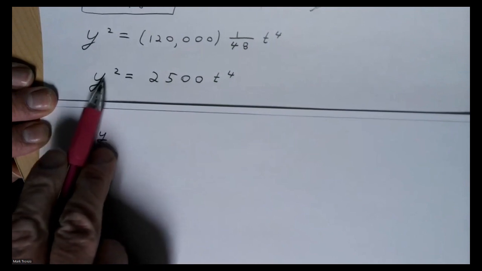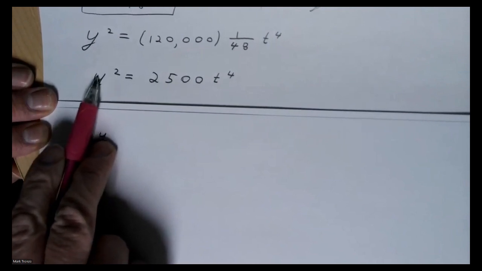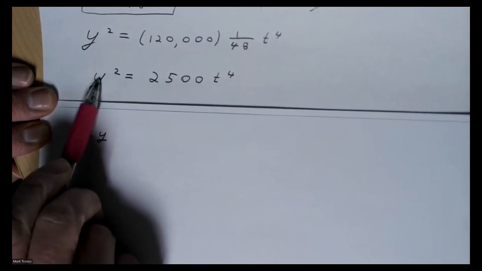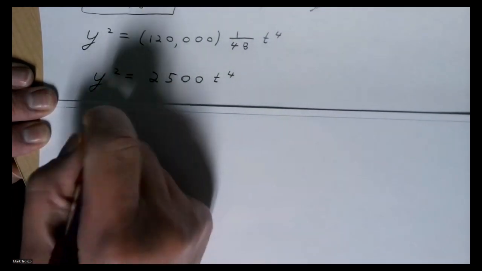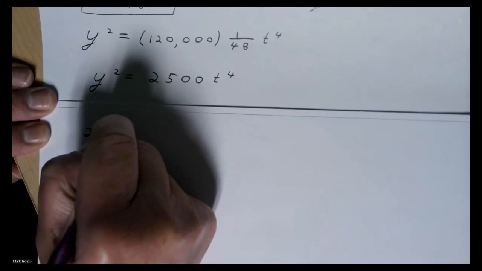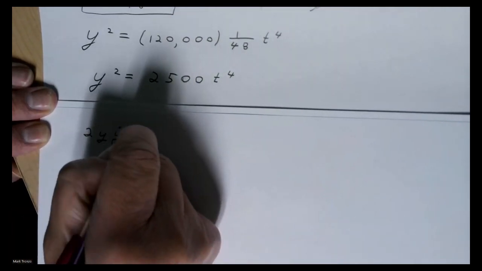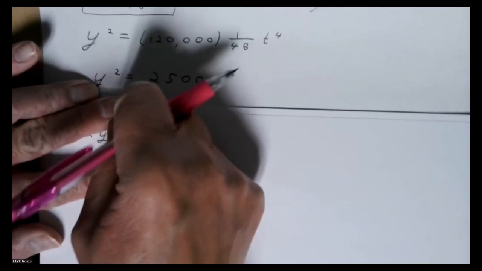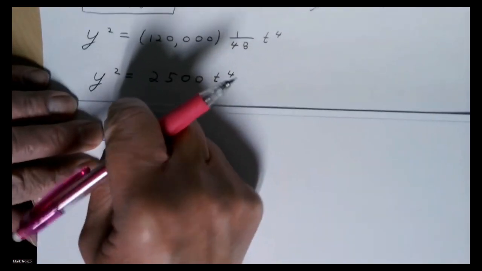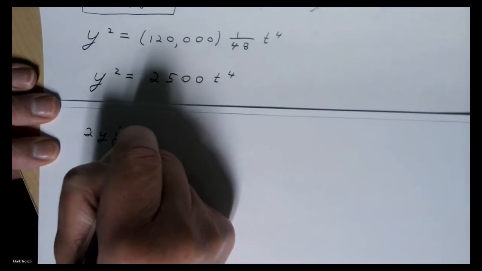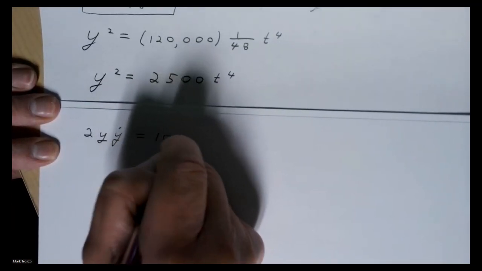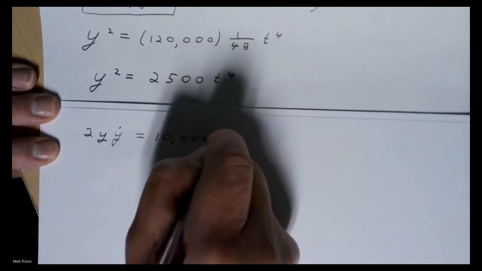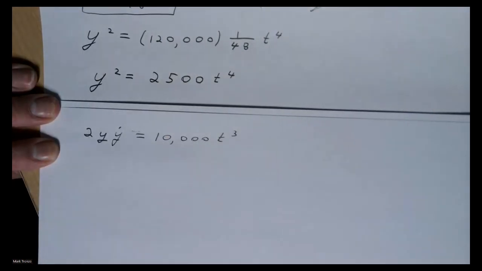Remember, whenever we use a chain rule, we have to take the derivative of whatever's in here. But we don't know what that function of t is. That's why we put the y dot here. And then on the right-hand side, we take the derivative over there. We're going to get like 10,000 t cubed, like that.